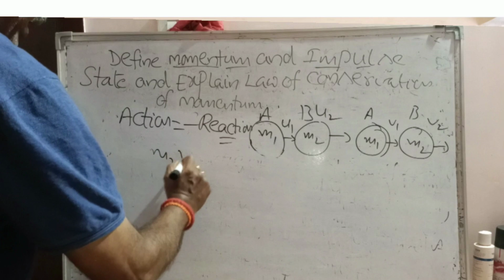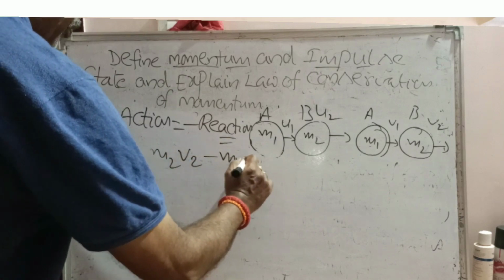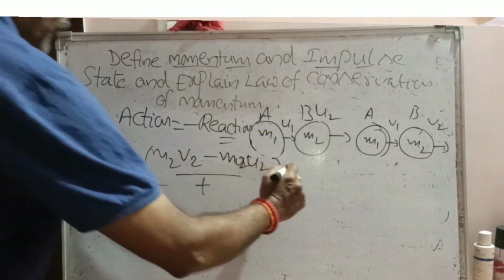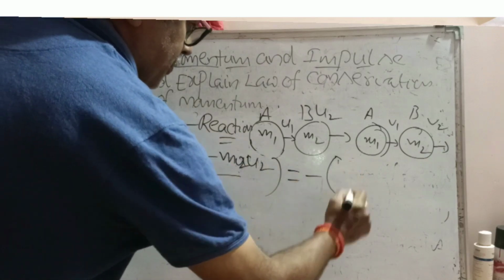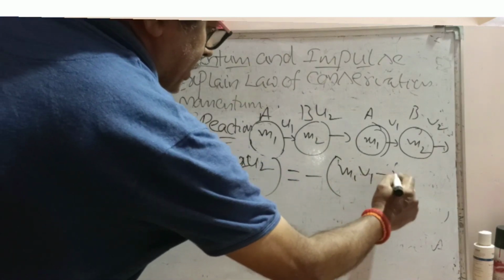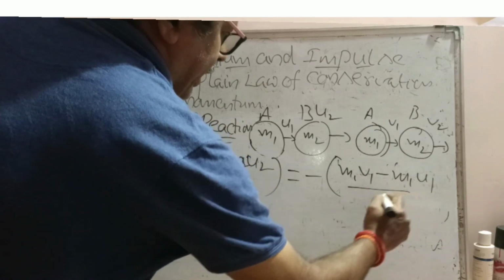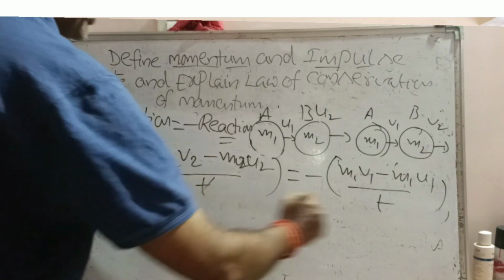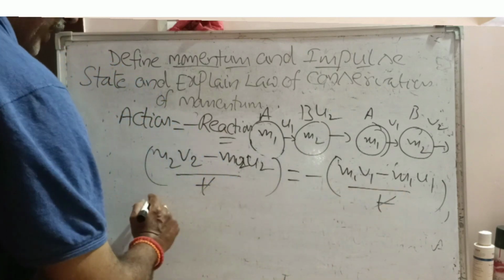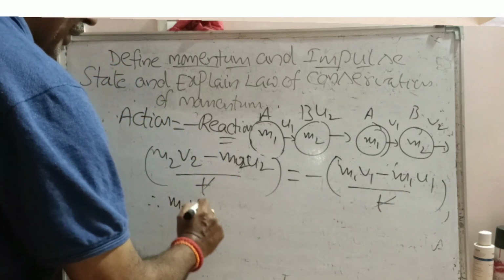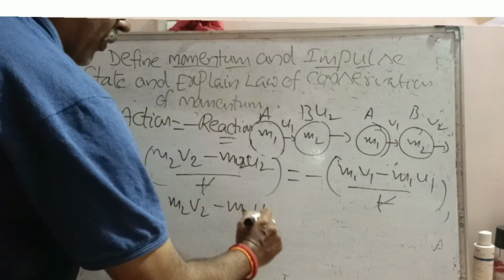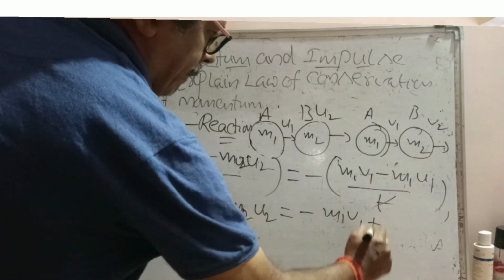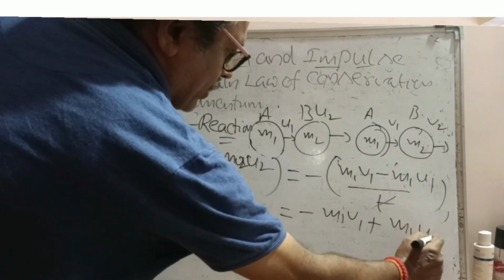Therefore, (m2 v2 minus m2 u2)/t is equal to minus (m1 v1 minus m1 u1)/t. Action is equal to minus reaction. On multiplying with t on both sides, we get m2 v2 minus m2 u2 is equal to minus m1 v1 plus m1 u1.